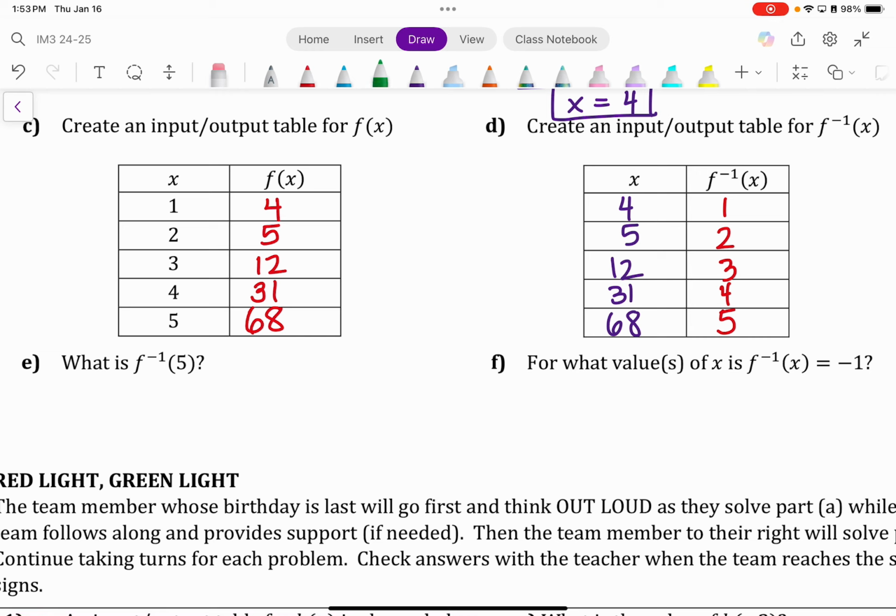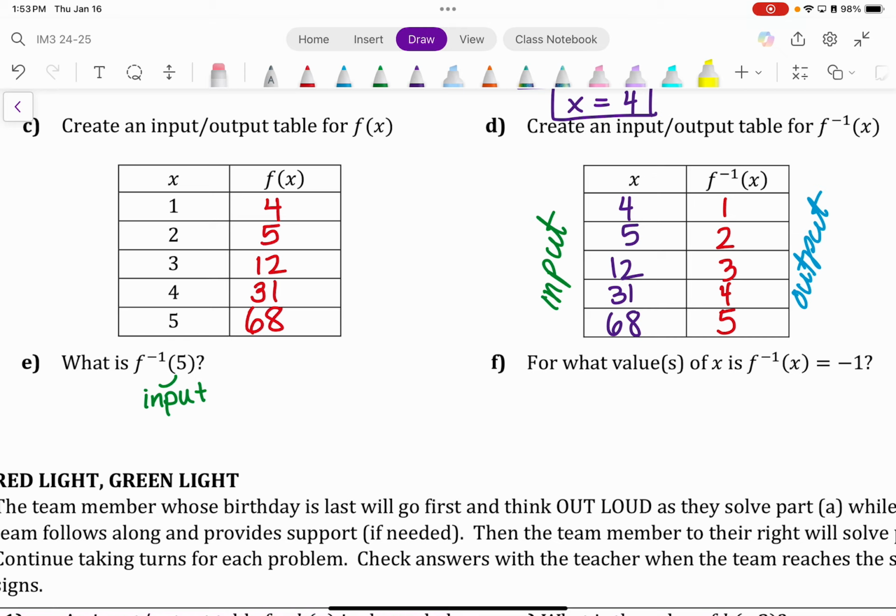Okay, I want everyone looking at part E. What is the value of f inverse of 5? Before you answer that, what is 5? Is 5 an input or an output? 5 is an input. So we are looking for 5 in the input column, which is the left column. So I want everyone to look for 5 in the input column.